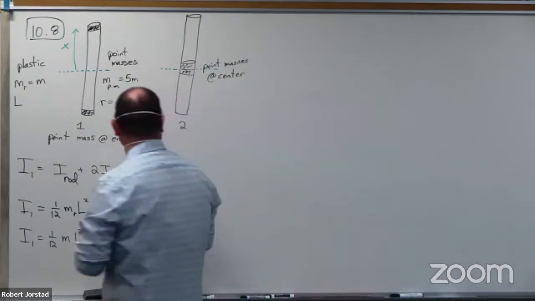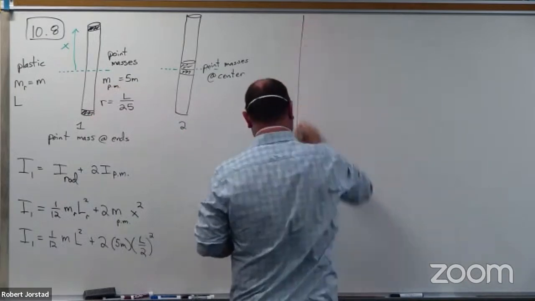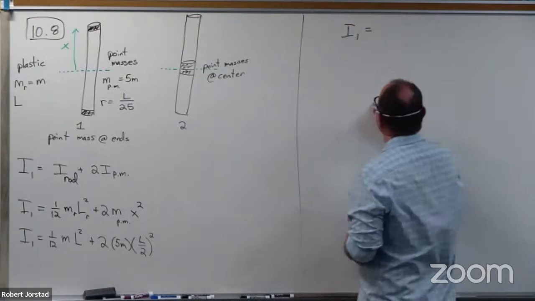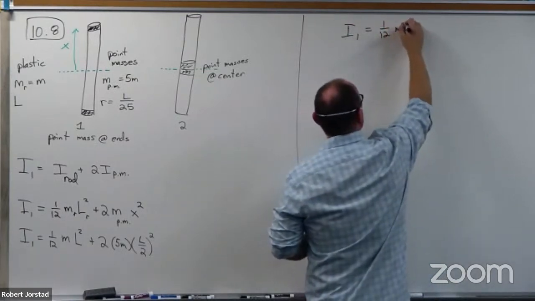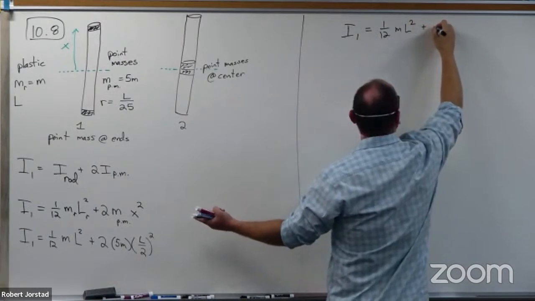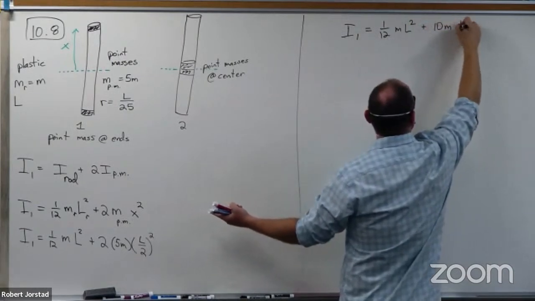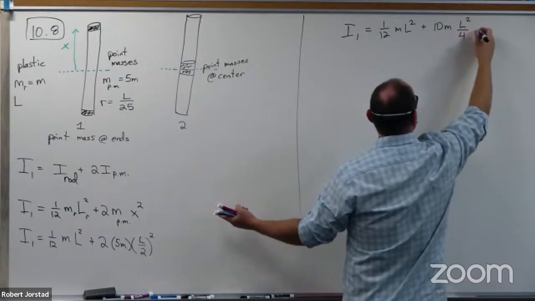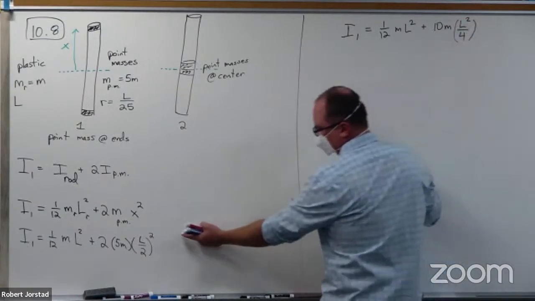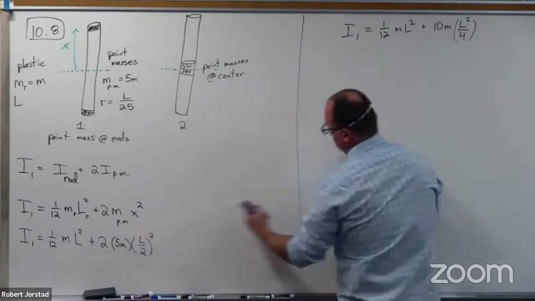Oh my gosh, I'm running out of room. Let's keep going up here. When we square that, you got to remember, okay, so I got a 10m there, let's split over 4.